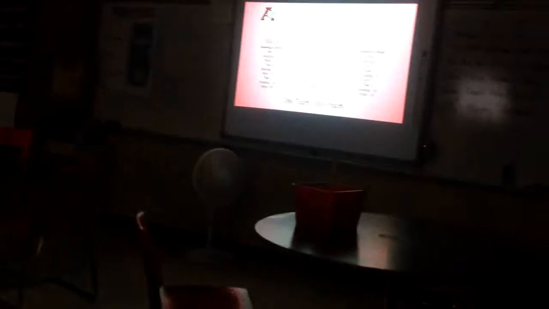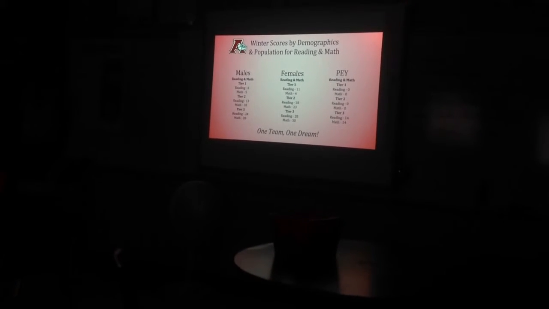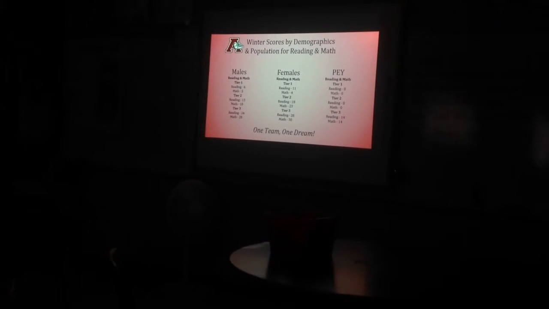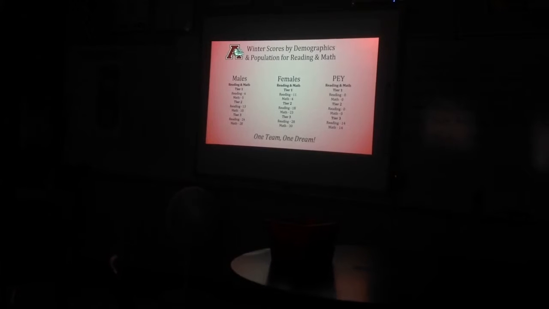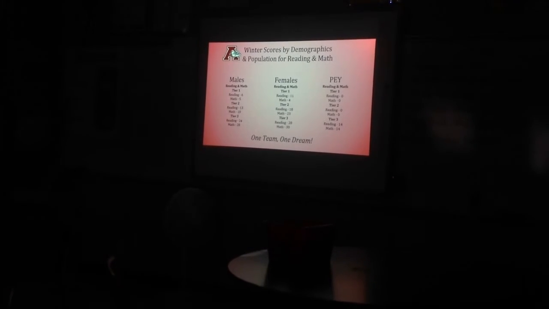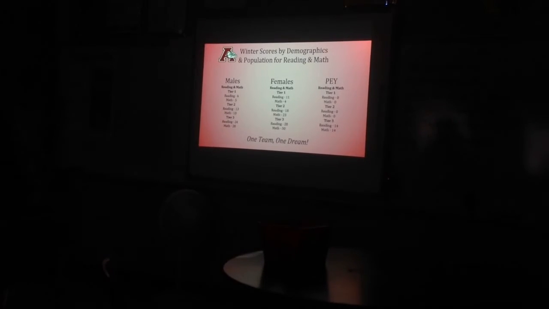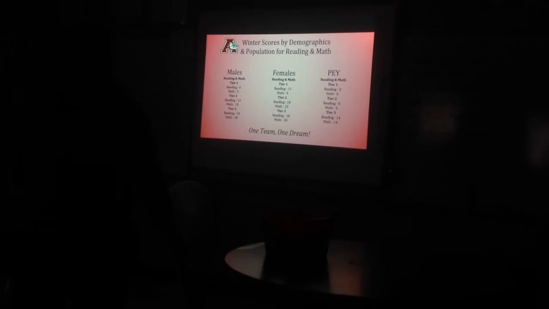My concern is on that PEY. I know some of them are capable of getting to tier 2. Yeah, just a couple, 2 to 3 out of 14 should be able to get to a tier 2. 25%. Yeah. If we can just get some of those PEYs moved, and I think Ms. Moline's doing a really good job of trying to get that to happen.